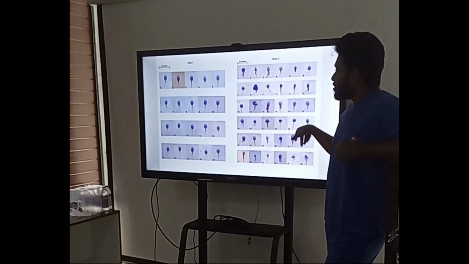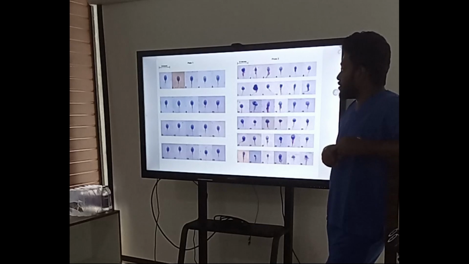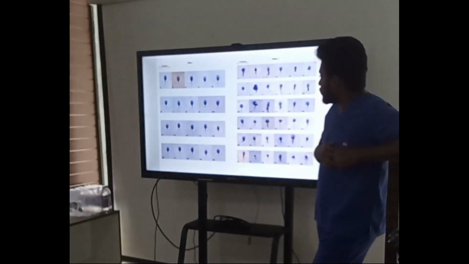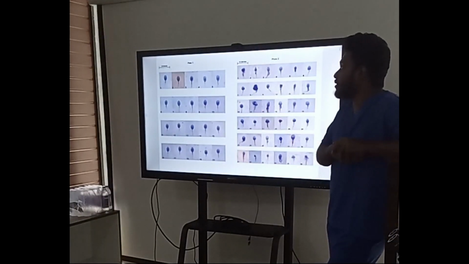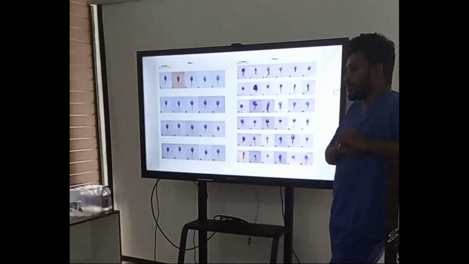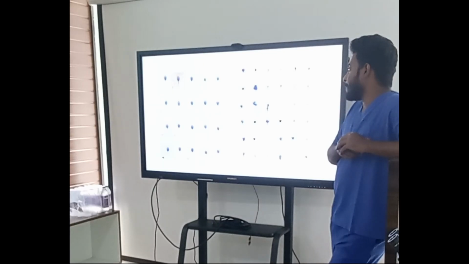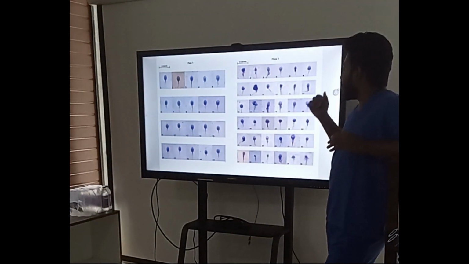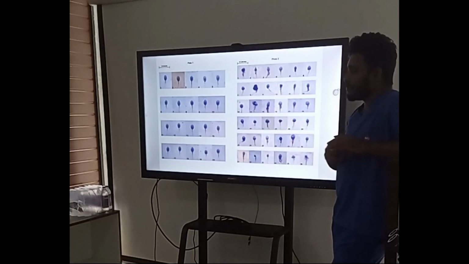So this is a practice slide to assess yourself whether you are giving a right morphology assessment or not. So can any of you tell me which is the normal looking sperm? Obviously it is distinctly visible that it is abnormal in that.